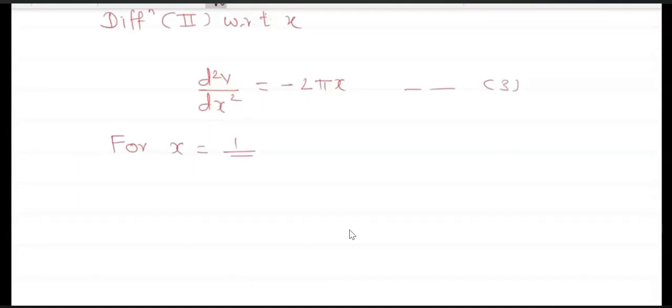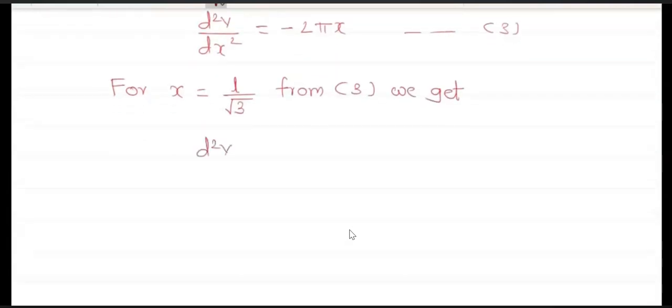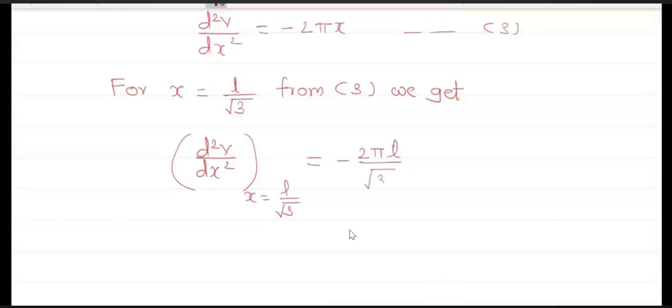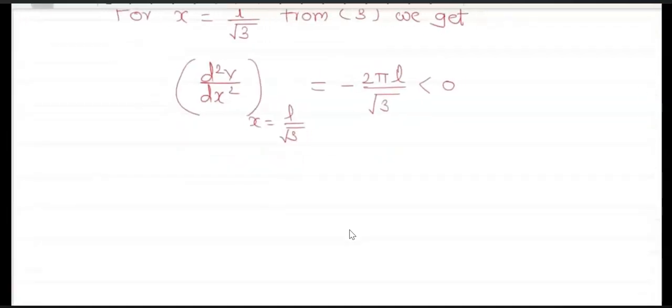Now, for x is equal to L upon root 3, from the third, we get d2v upon dx square at x is equal to L upon root 3, that is equal to minus 2 pi L upon root 3, which is less than 0.